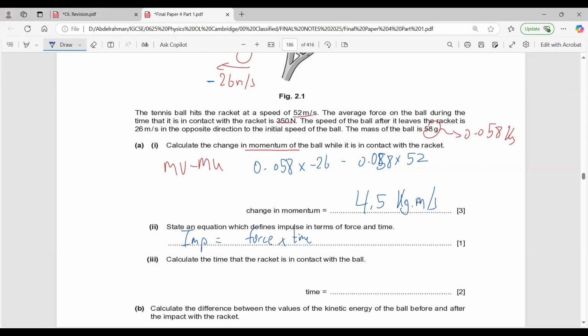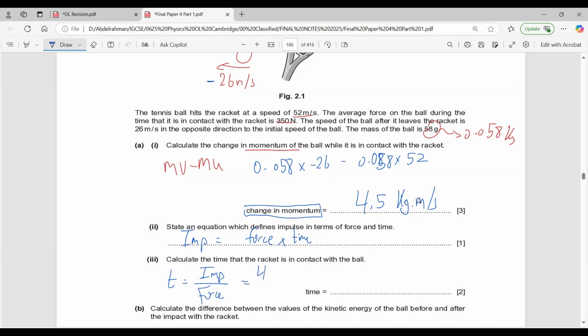Calculate the time that the racket is in contact with the ball. Force times time is impulse. We found the impulse, which is the change in momentum. Can I find the time? Yes, the time would be equal to the impulse over the force. It's as simple as that.